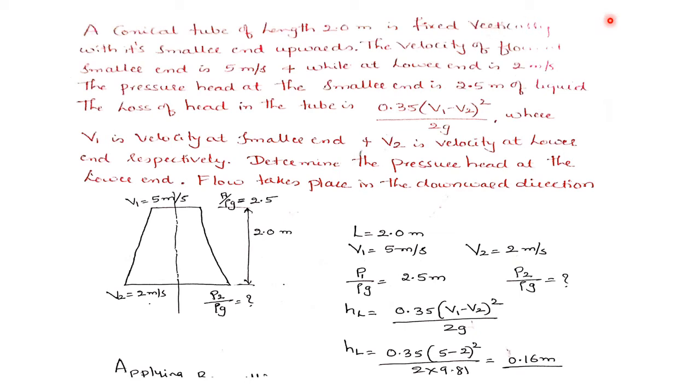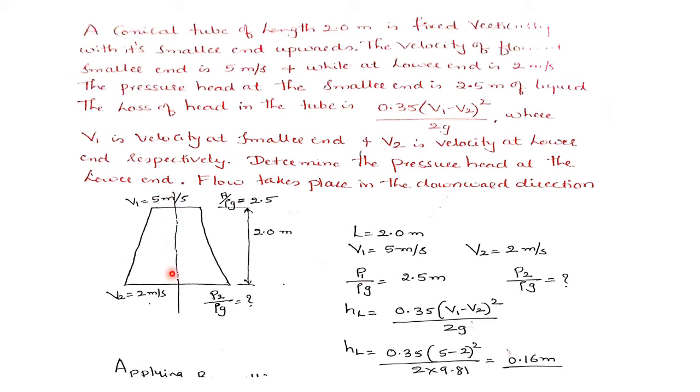So with this data, I have drawn the sketch here. This is a conical tube of length 2 meter, with the smaller end upwards. Already it has been told that it is fixed vertically.